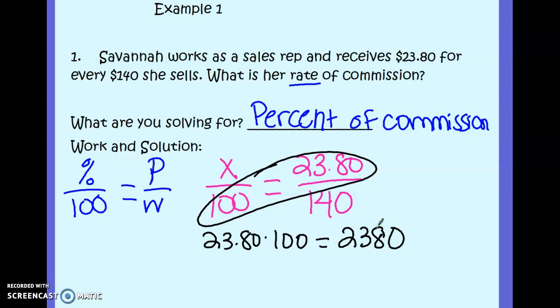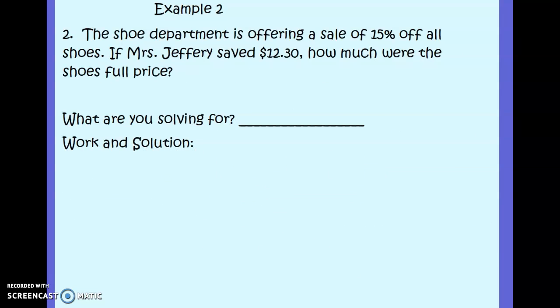Sorry about that. Then the number we didn't use is 140, we're going to divide by that. So 2,380 divided by 140 gives us 17, and we did that for percent. So 17%.